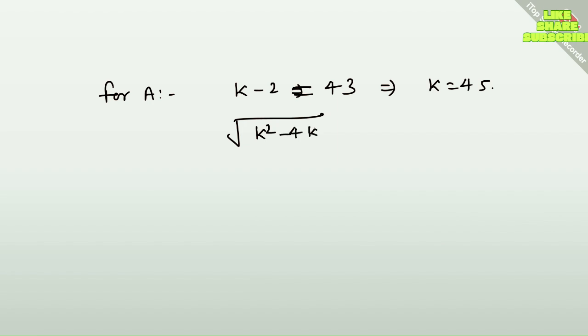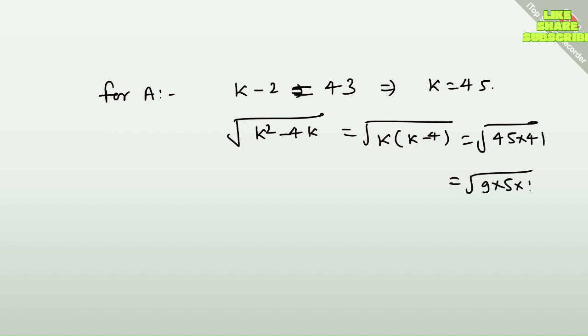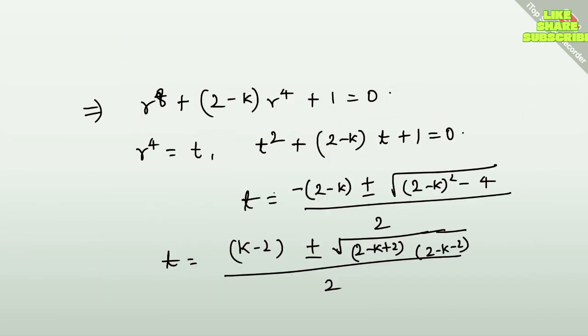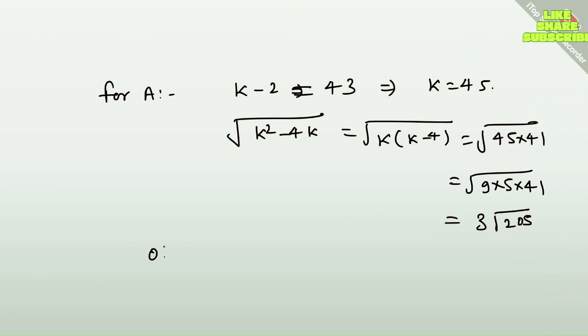So k square minus 4k is equal to k times k minus 4. So this is 45 times 41, and this can be written as 9 times 5 times 41, which is equal to 3 under root 205, and this is what is given in option A. So this is a correct choice.